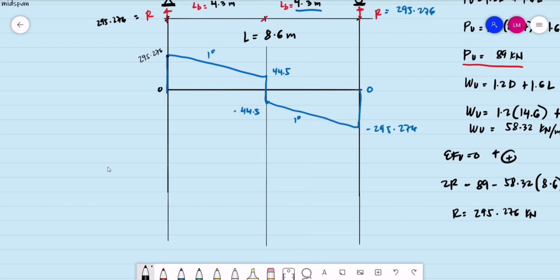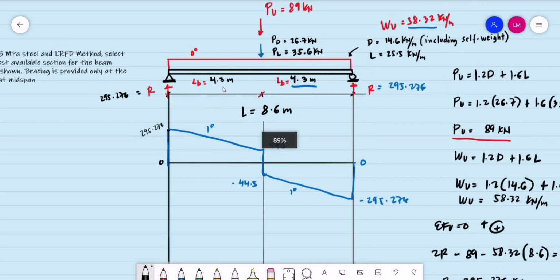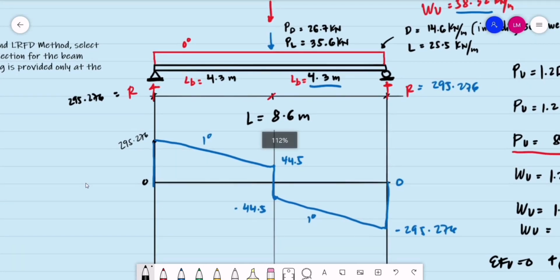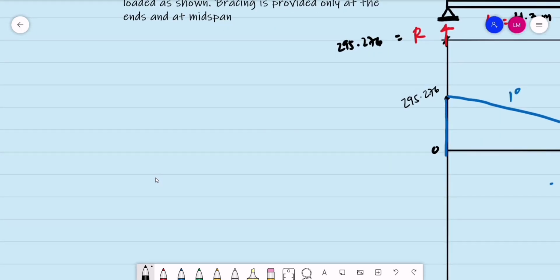So for our moment diagram, our focus is how to determine the values of the moments at the quarter points for an unbraced length of 4.3 meters. We divide our unbraced length, L sub B, by 4 for the quarter points.